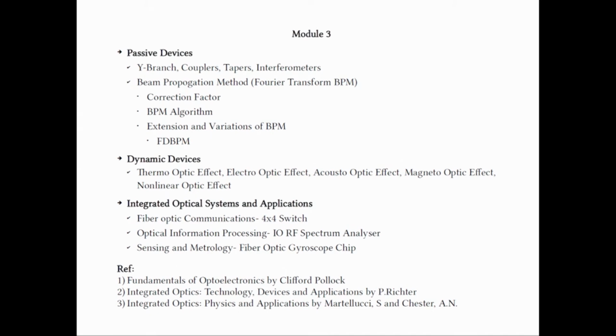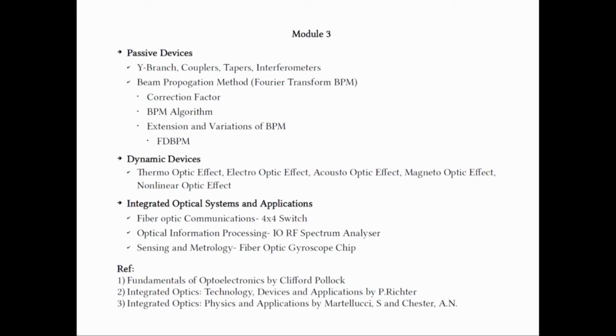Then we looked at dynamic devices, where we use external effects like the electro-optic effect to study their properties. The thermo-optic effect talks about variation of refractive index with application of heat. The heat could be applied by using electrodes and heating the waveguide, and then the propagation constant can change due to this change in the refractive index, and you can have what can be called thermo-optic devices.